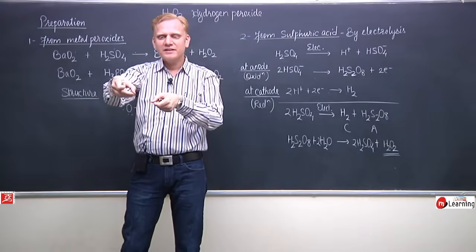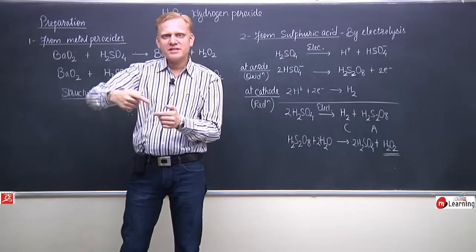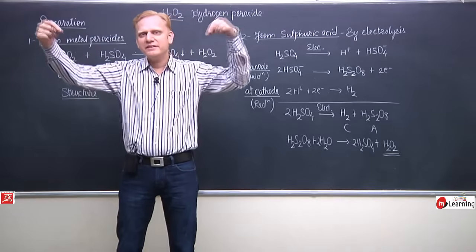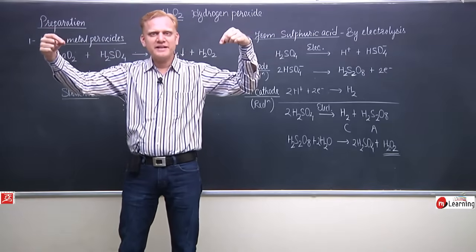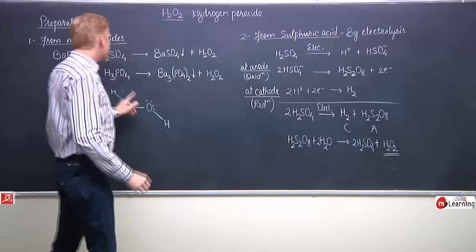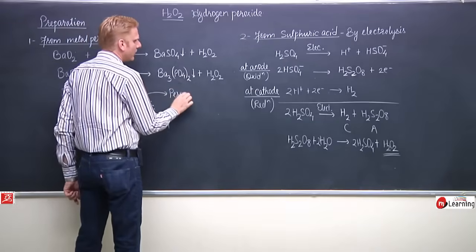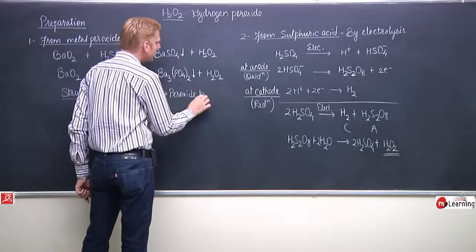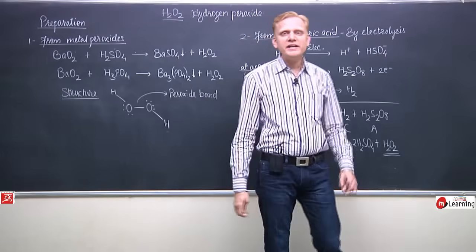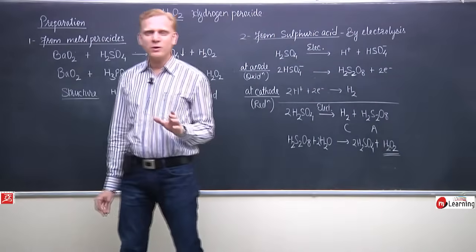Now here we have the position of two oxygen atoms. The two oxygen atoms have a single bond in between, and each of these oxygens is bonded with a hydrogen atom, one with this oxygen, one with that oxygen. So this bond is considered to be the peroxide bond. Not only in this case, but whenever two oxygen atoms are bonded with a single bond in any structure, the bond is called a peroxide bond.